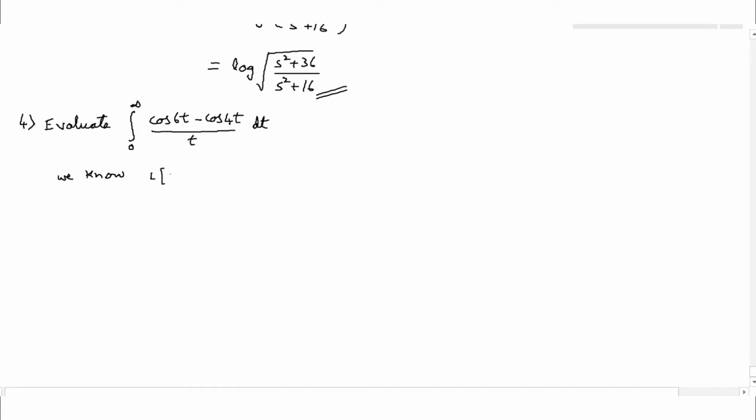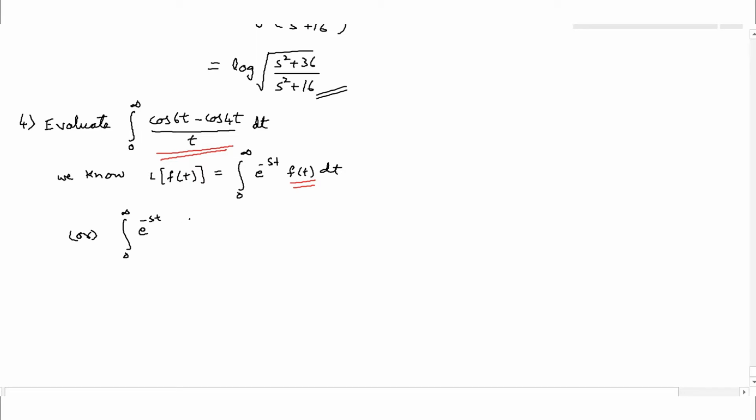We know that the Laplace transform of f of t is equal to the integral from 0 to infinity of e power of minus st, f of t into dt. That's the basic formula for the Laplace transform. We'll take f of t to be equal to cos 6t minus cos 4t divided by t.